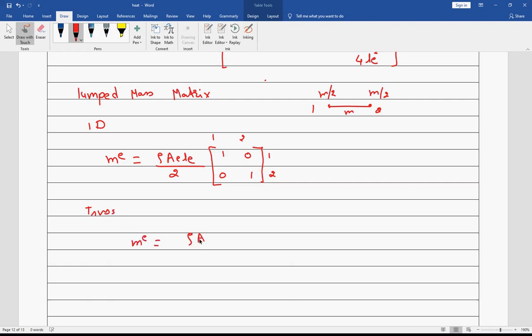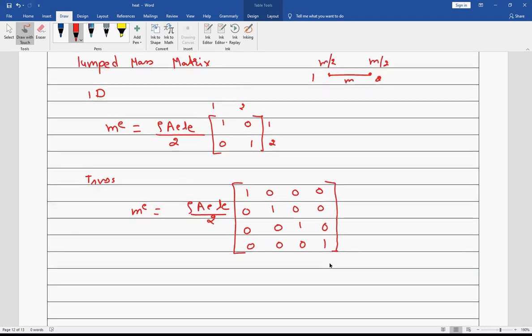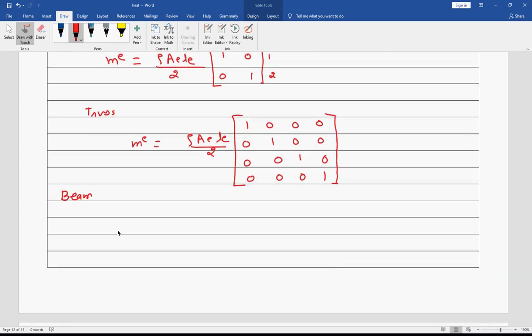the mass element matrix is rho LE by 2, with indices 1 2 3 4, equal to 1 0 0 0, 0 1 0 0, 0 0 1 0, 0 0 0 1. So this is for the truss element. This is how it is being added. And for the beam element, my elemental mass matrix is rho LE by 2.